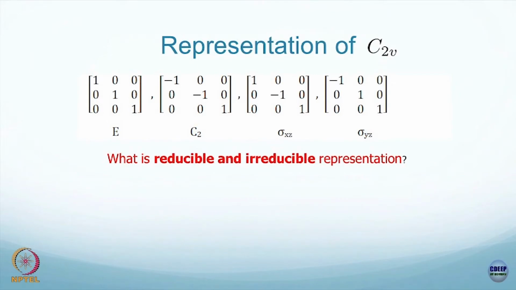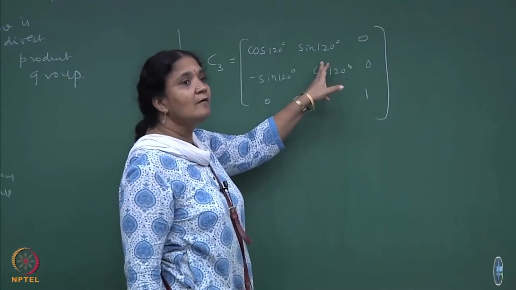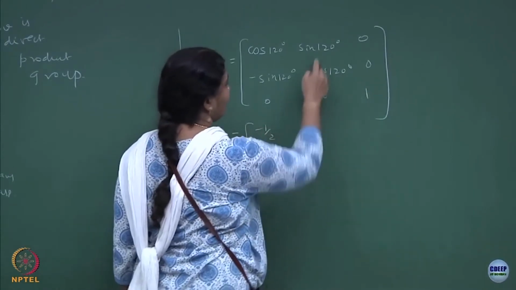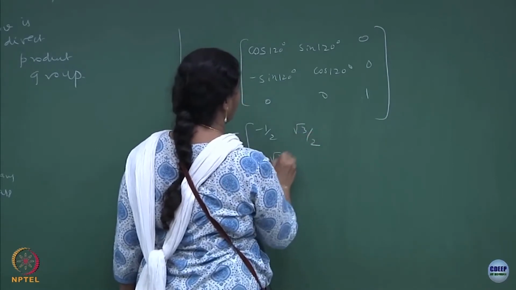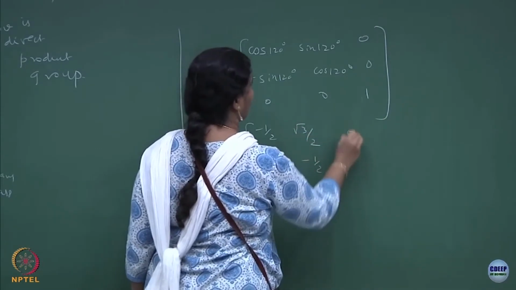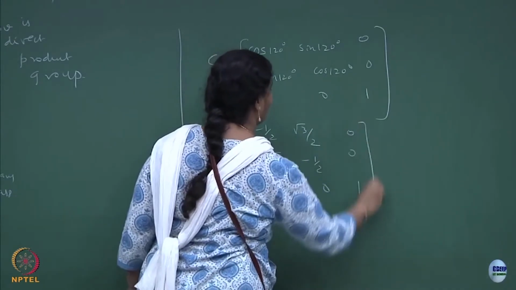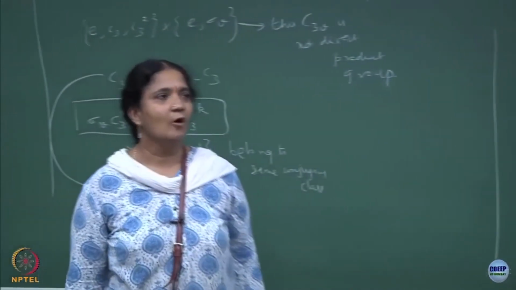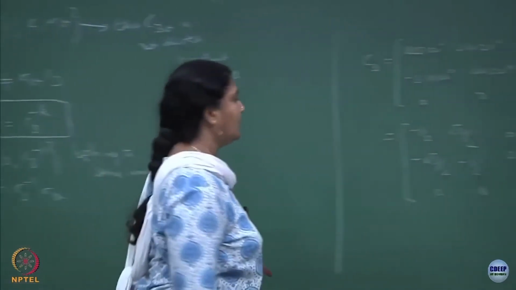Cos 120 is minus sin 30, and sin 30 is half, so minus half, and this one will be root 3 by 2.